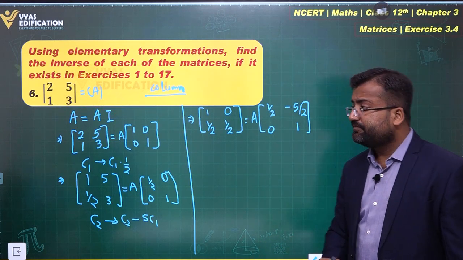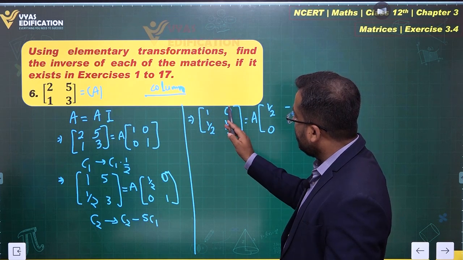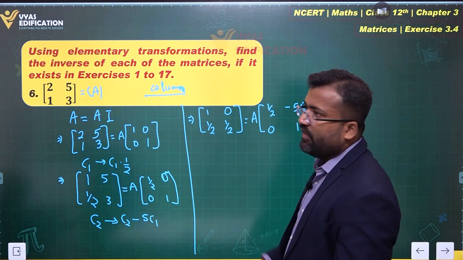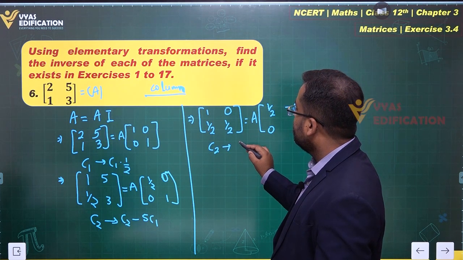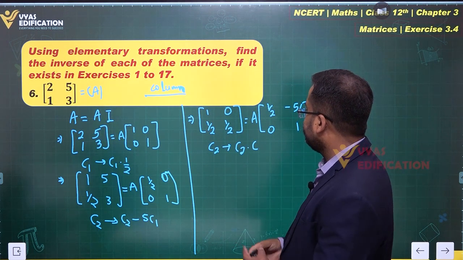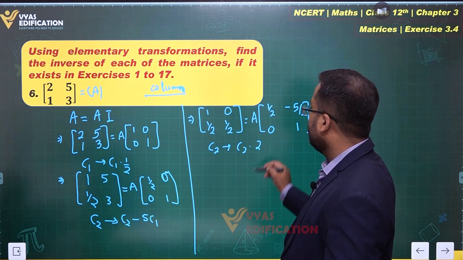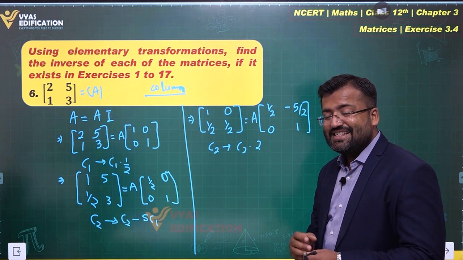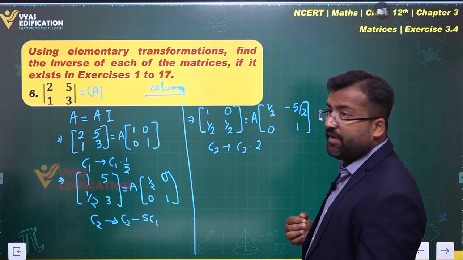Is that okay? What else? After you get 1 and 0 over here, we'll convert this into a 1. So let's replace C2 by C2 times 2. That's the general process that we follow. Can we apply another idea?